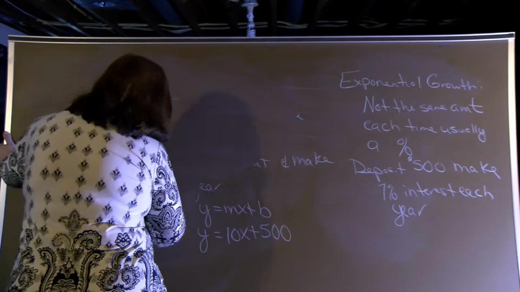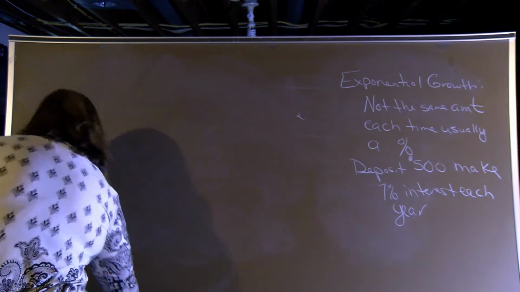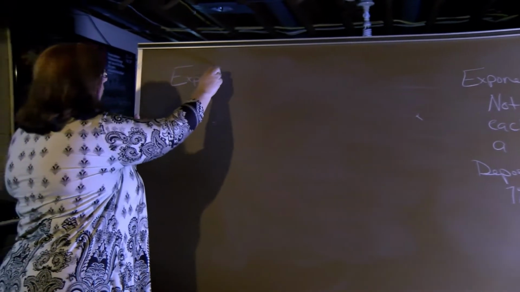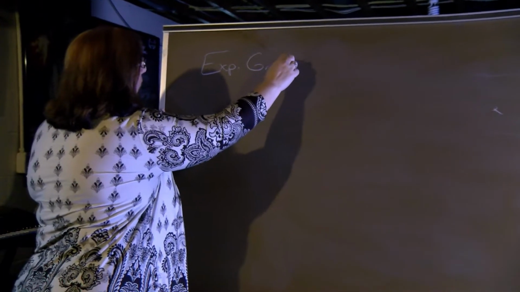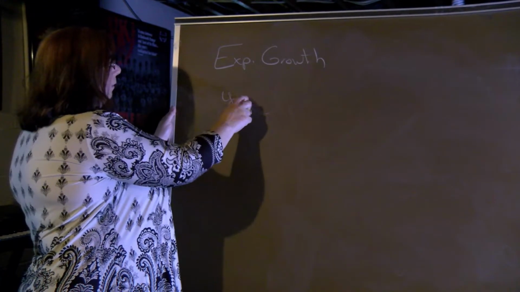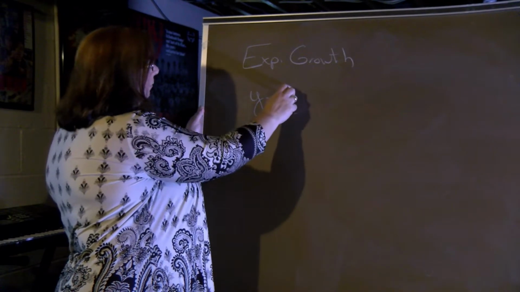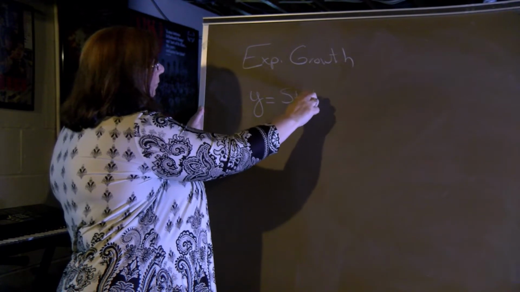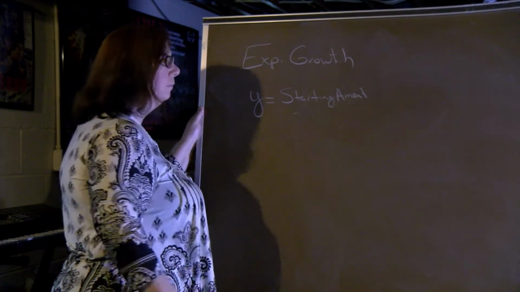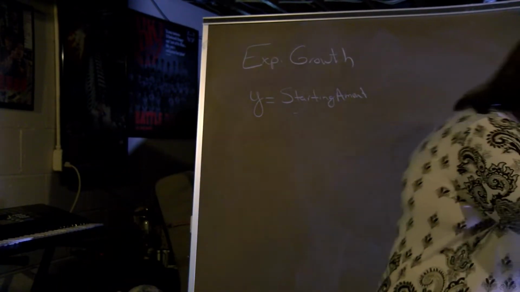The formula is the starting amount, and then you use the 1 plus or the 1 minus trick, depending on which one it is.